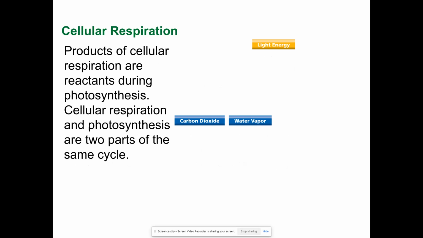So, products of cellular respiration are reactants in photosynthesis. In other words, the plants take in carbon dioxide, release oxygen. We take in the oxygen and release carbon dioxide. So we are dependent upon one another. Cellular respiration and photosynthesis are two parts of the same process.